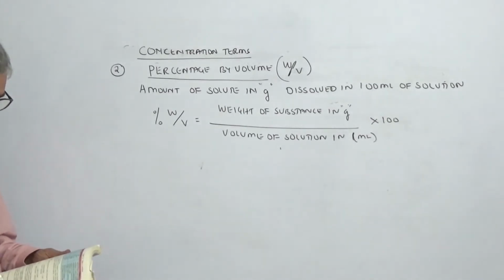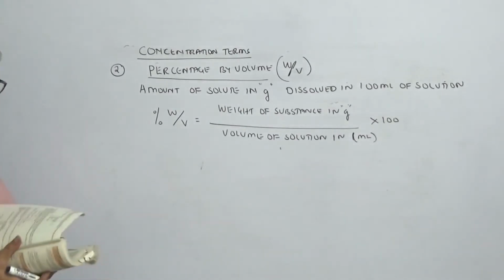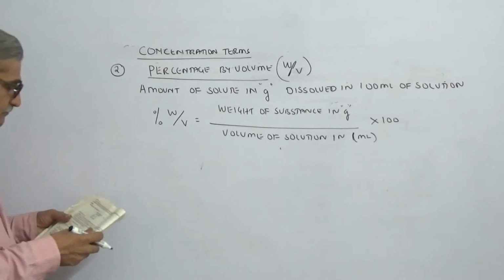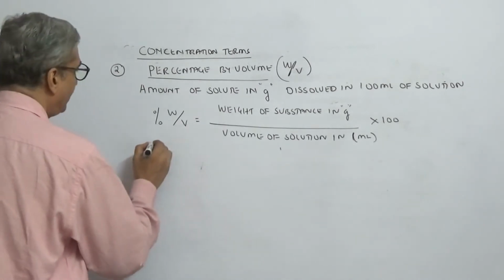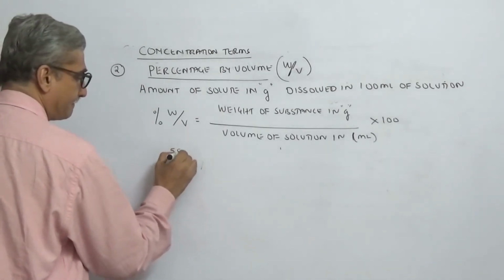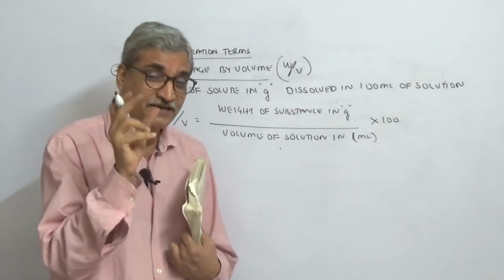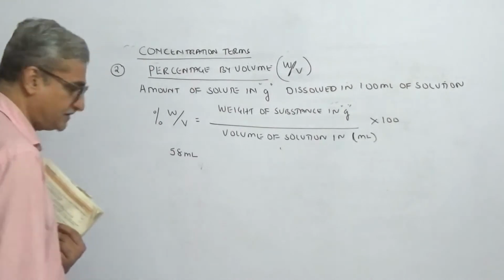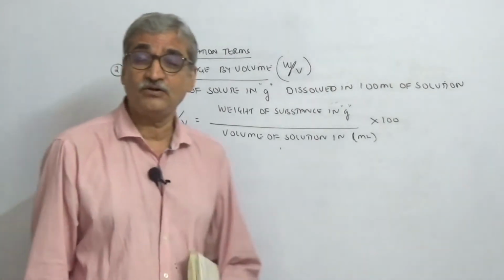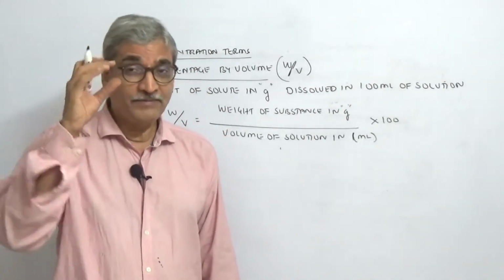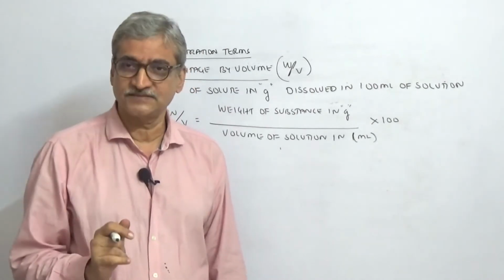So let us look at one more sum. 58 ml. See, when we are teaching, I'll write this sum and explain to you some very important concept in this. When you put ethyl alcohol in water, remember one thing, the final volume decreases.